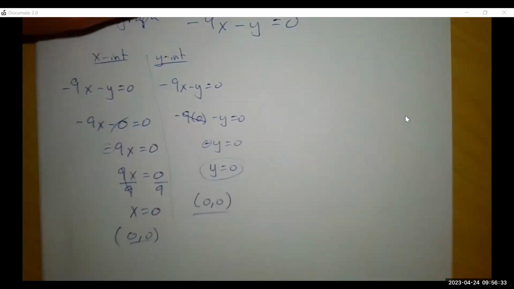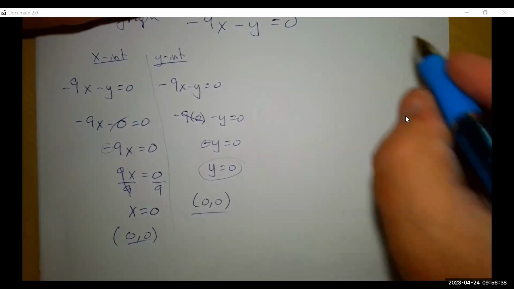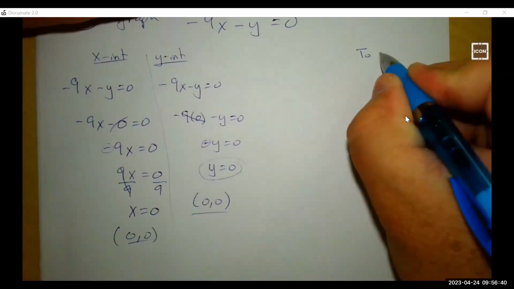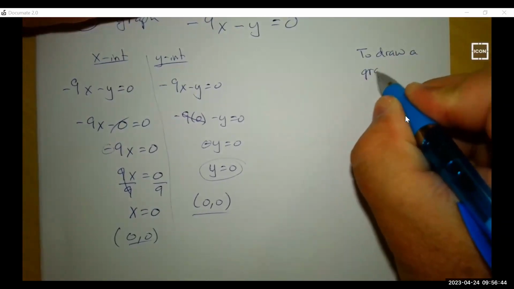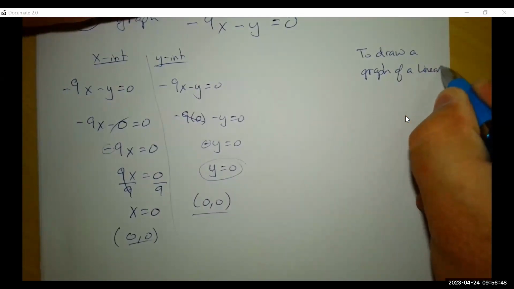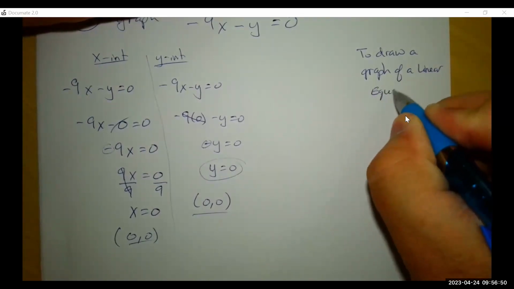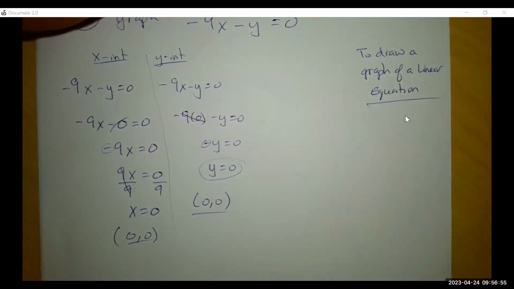We have 0, 0. What else do you need to draw a graph? To draw a graph of a linear equation, what do you need?